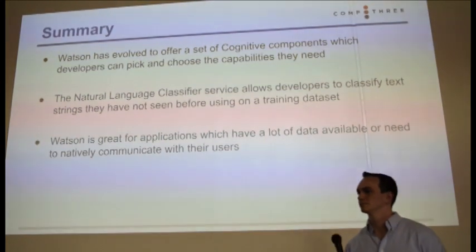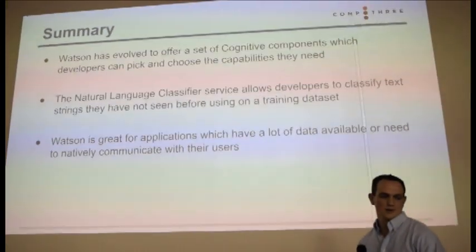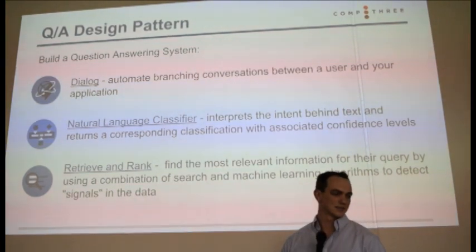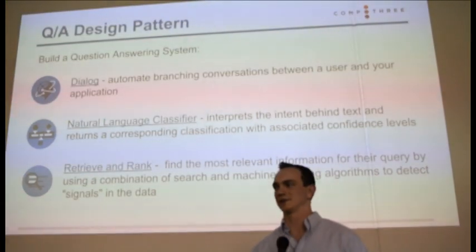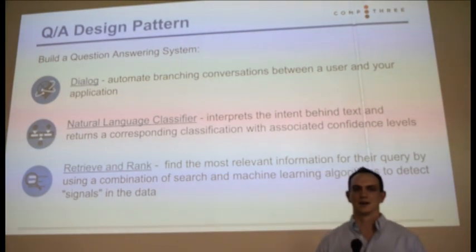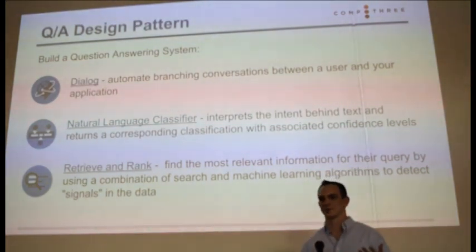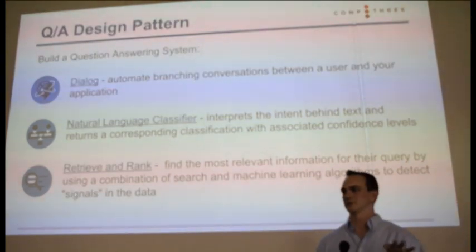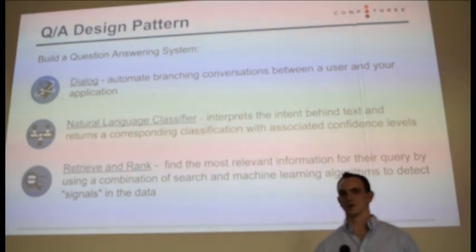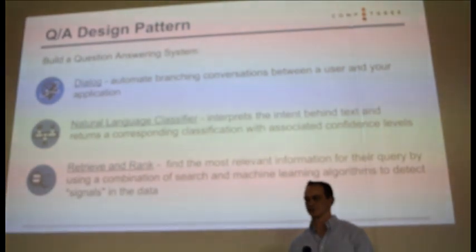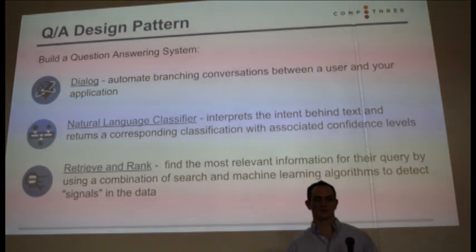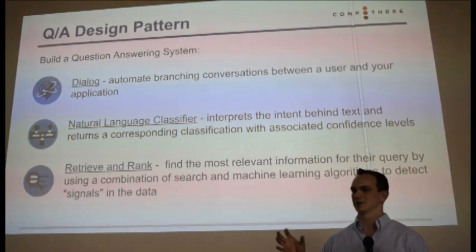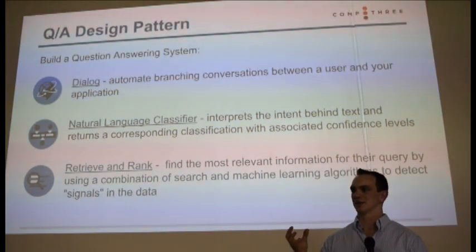An example of that third one? Yeah, let's say you have a frequently asked questions page on your website, and you want to be able to help people reset their password, or you want to help people figure out how to do a certain thing within your site. You could load an FAQ into the rank and retrieve service, and then based on what the users are typing in, it will go in, find the appropriate section of the FAQ, and pull that to the top.